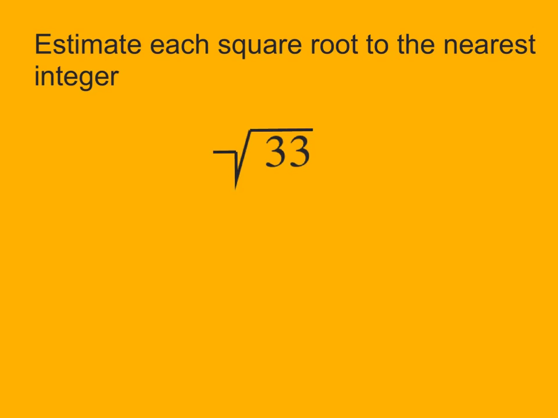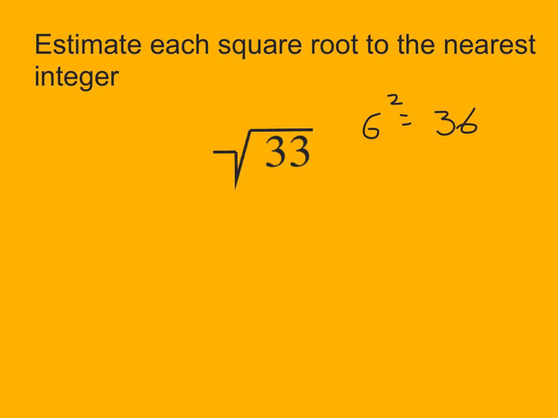Sometimes you're going to be asked to estimate square roots to the nearest integer, or the nearest whole number. So in this case, we have the square root of 33. Now, I know this isn't going to be a perfect square. I can't multiply anything by itself to get 33. But if I'm going to estimate, I know that I'm just trying to get as close as possible. So to do this, I know that 6 squared would give me 36.